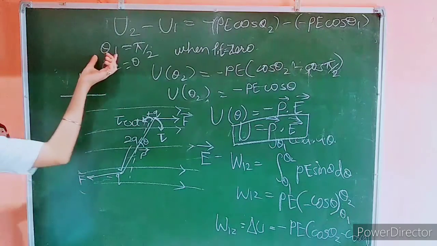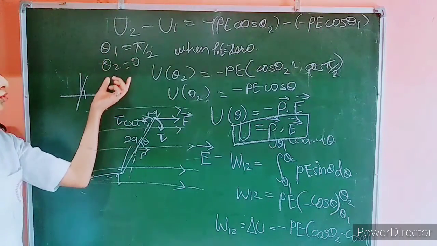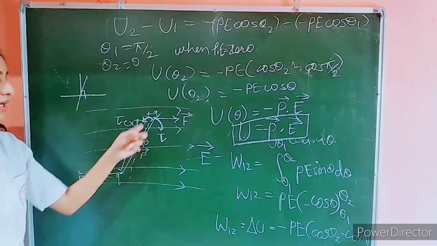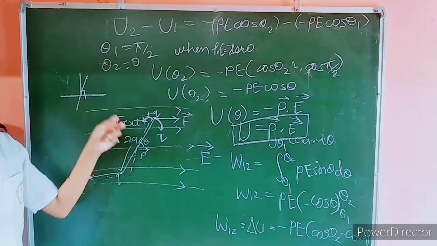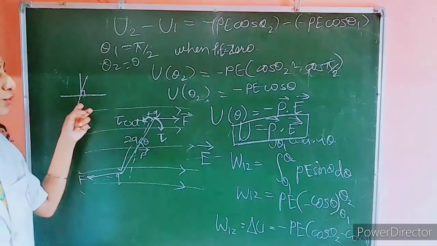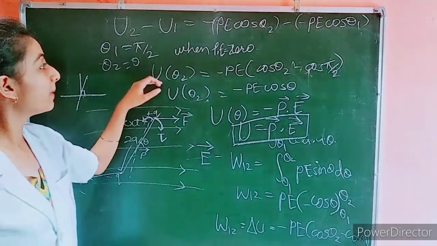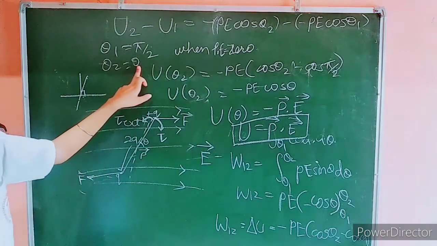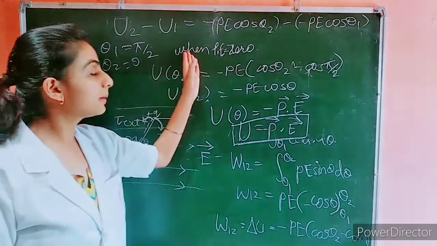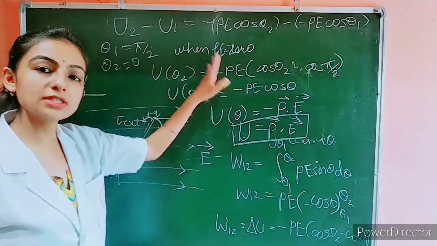Now for theta 1 we are considering pi by 2 because of the motion of tau external, the angle will turn into a right angle, that is pi by 2. So theta 2 will be considered as theta, and the potential energy will be 0.